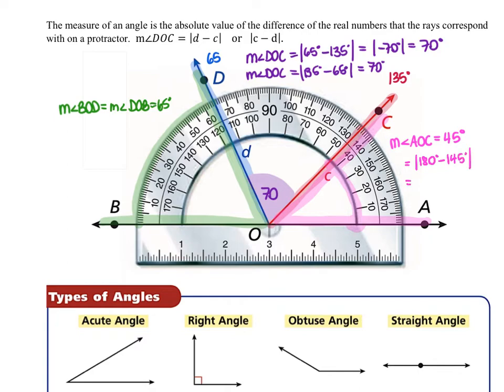And that, of course, is going to be equal to the absolute value of 45 degrees, which is 45 degrees. So either way, we're going to get the same answer, whether we use the protractor postulate or we line up with 0 and count either on the outer ring of numbers or on the inner ring of numbers.